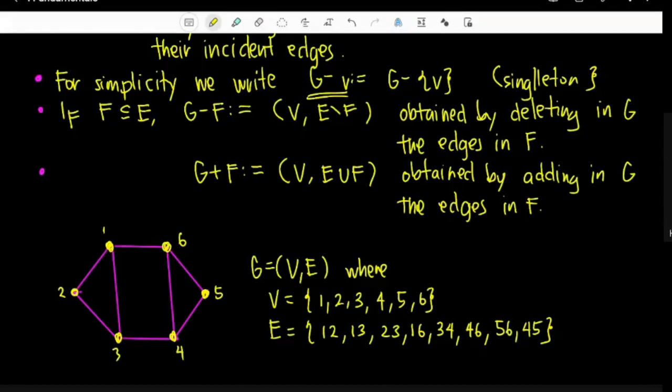Yung pagkakasulat ko kanina ng 6, 4, 4, 6, pero yung 4, 6 saka 6, 4, pareho lang yun ha. As a simple graph, 4, 6 is equal to 6, 4. Kasi subset yan eh. Kumbaga, sinisimplify lang natin yung sulat, pero remember, that's a set containing 4 and 6. So this is a set containing 6 and 4. So as a set, equal lang sila.